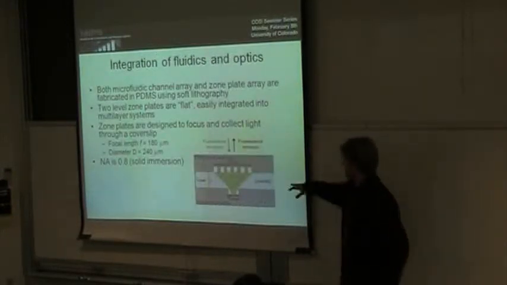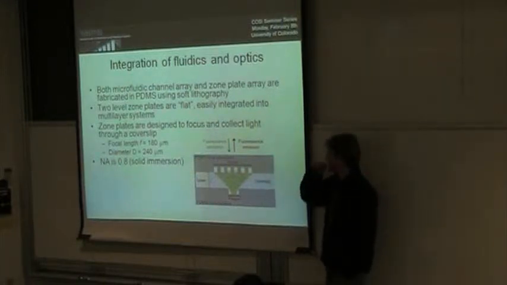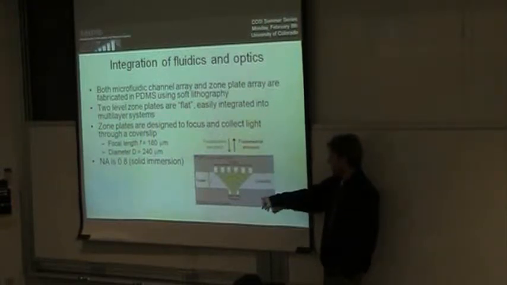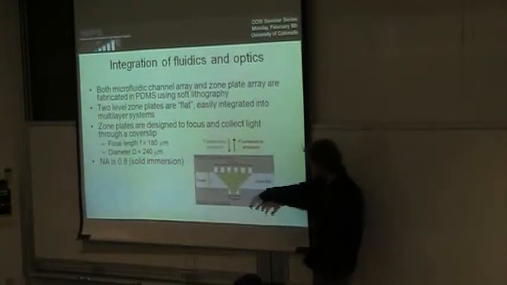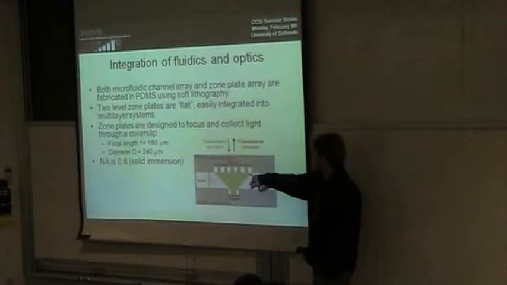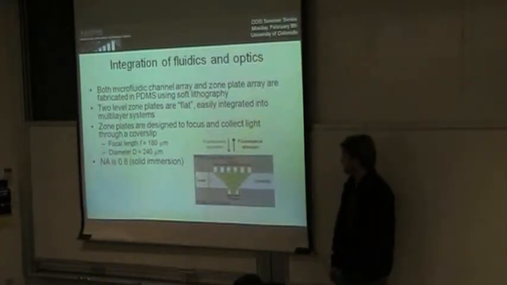Let me just talk a little bit about the geometry. So this is the geometry of the system. I'm going to talk a little bit about the fabrication, but both the lens array and the microfluidics are made out of this polymer, PDMS, and the two systems sandwich a cover slip. So we design the lenses to have a focal length of a little bit longer than the thickness of the cover slip.